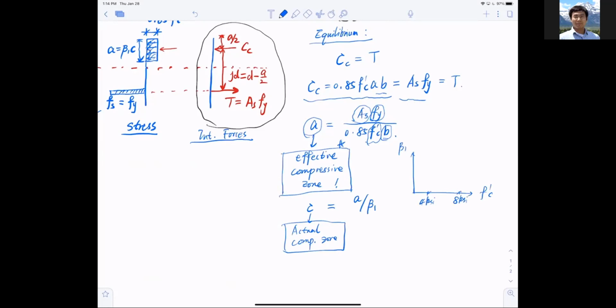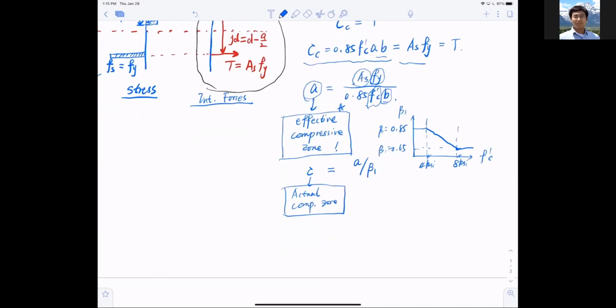If it's below 4 ksi, we have 0.85 for beta 1. Beyond 8 ksi, I have 0.65 for beta 1. And in between, we just connect a straight line and do linear interpolation.